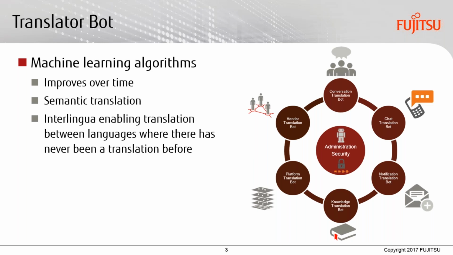The way that the Google machine learning algorithms work is that it, for example, translates from Danish, from Denmark where I'm from, into an interlinguistic mapping of the meaning of the sentence and then into English.